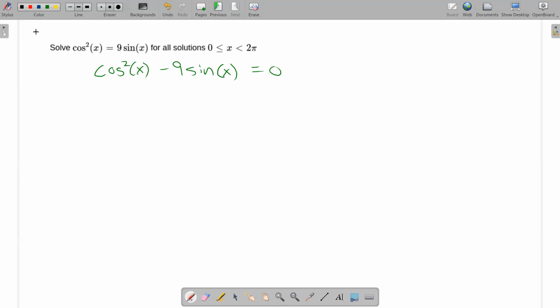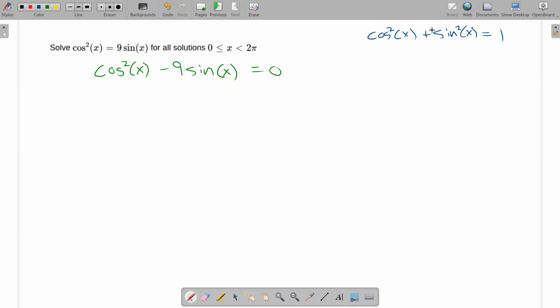Well, it turns out there's a very powerful identity we can apply here that switches sine squareds with cosine squareds, and that's the Pythagorean identity. So we know that the cosine squared of x plus the sine squared of x is equal to 1. If I have a cosine squared, but I'd rather have a sine squared, then I can use this to switch them out.